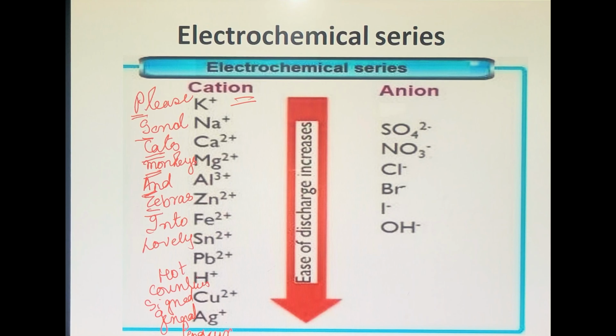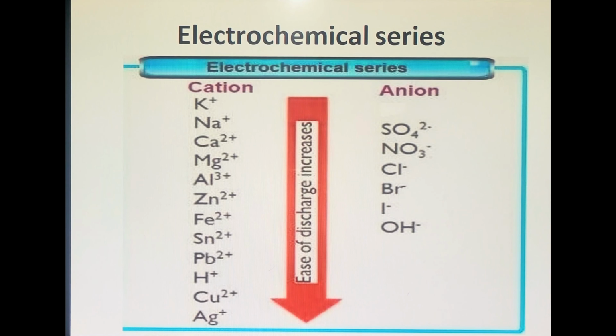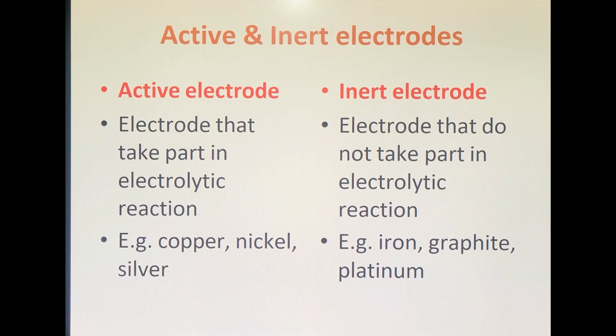Z stands for zinc. I stands for iron. L stands for lead. Hot stands for hydrogen. Country stands for copper. Signed stands for silver. G stands for gold. And P stands for platinum. So this is the same series that you have learned for the reactivity series of metals.